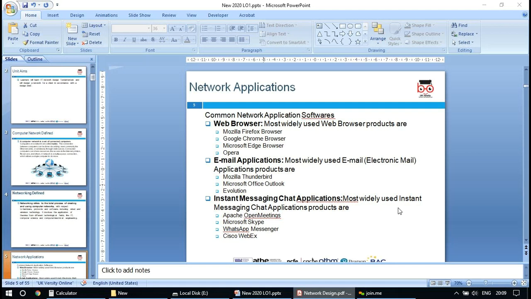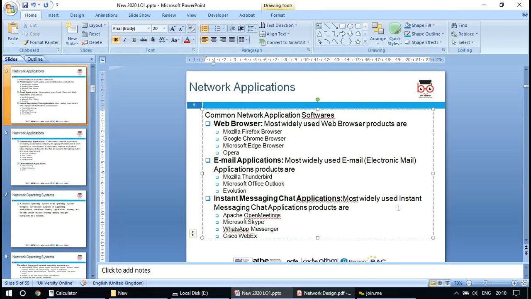Then instant messaging is also one kind of network application, like Microsoft Skype and WhatsApp messenger. No matter if you use it on mobile or the computer, instant messaging is also one kind of network application, isn't it?